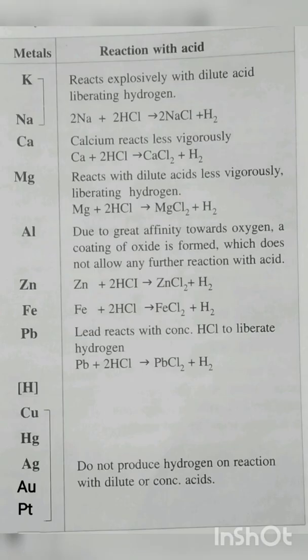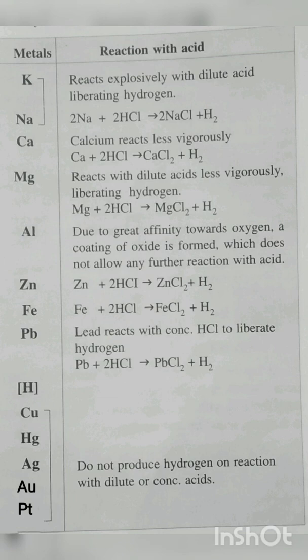Potassium and sodium react vigorously with dilute acids like dilute sulfuric acid, dilute hydrochloric acid to produce hydrogen. The reaction is very vigorous and sometimes it may be explosive. Calcium also reacts with dilute sulfuric acid, dilute hydrochloric acid to produce hydrogen, but the reaction is not as vigorous as that with potassium and sodium.